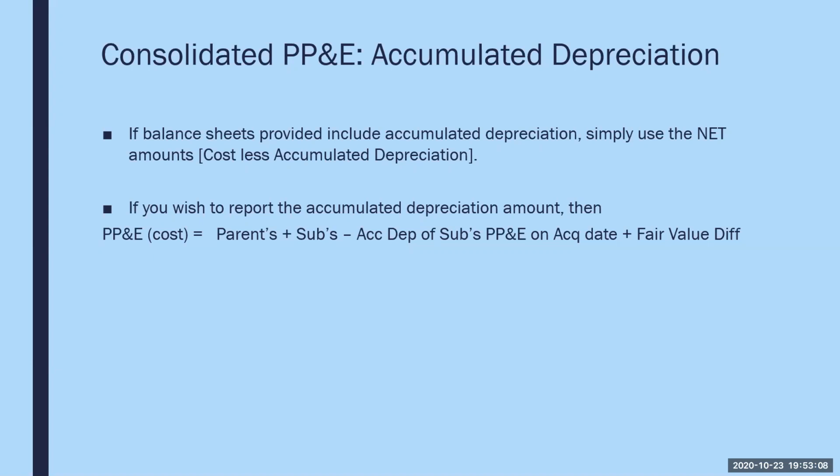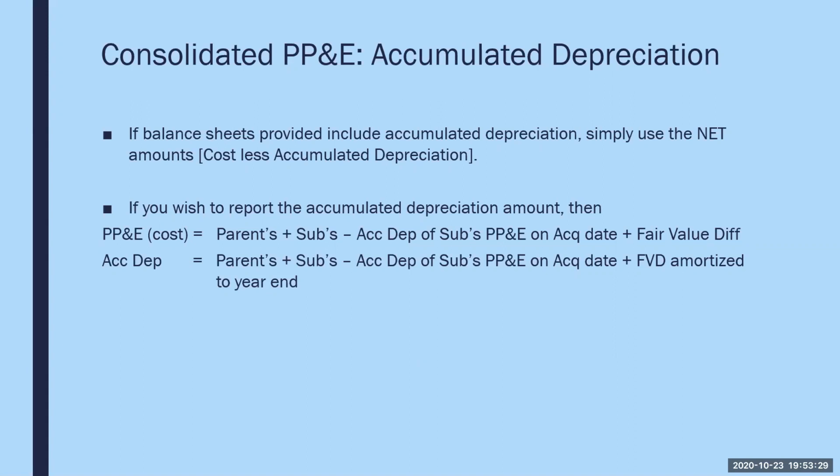That information will be provided in the problem. So subtract that amount and add the fair value difference allocated to that PP&E item on the date of acquisition. All right, so that gives you the new cost for consolidation purposes.